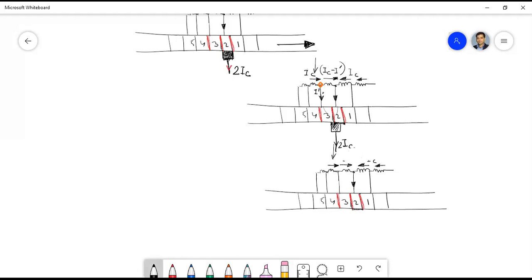At a particular instant it will have equal contact with 3 and 2. Now what will happen in that? What will happen in that? Can anybody tell me?